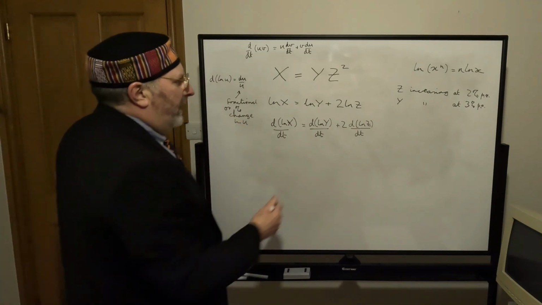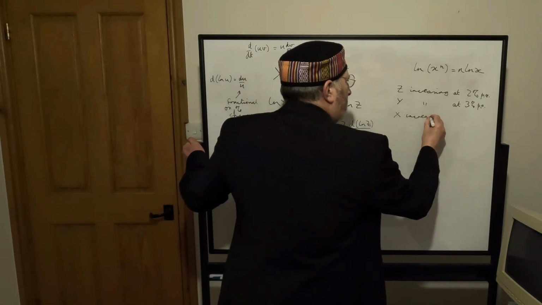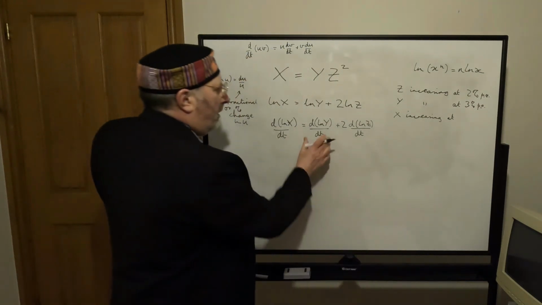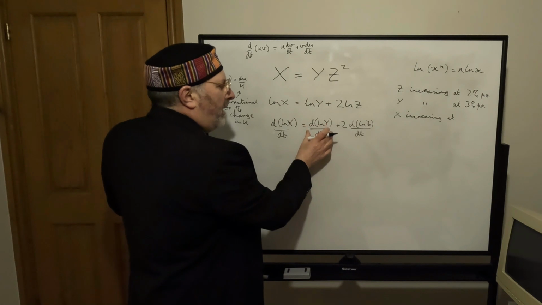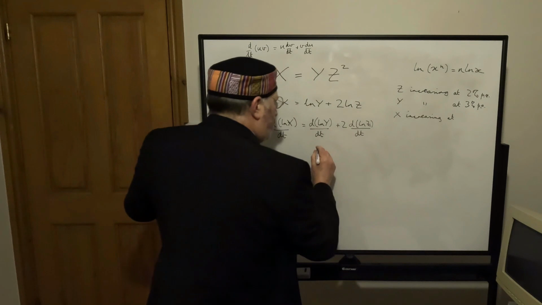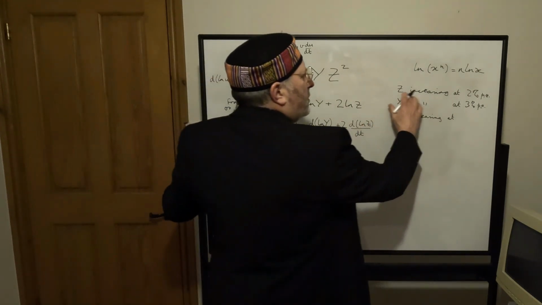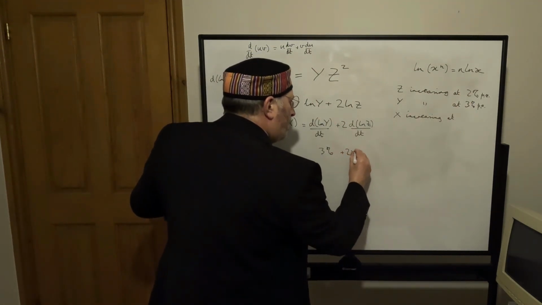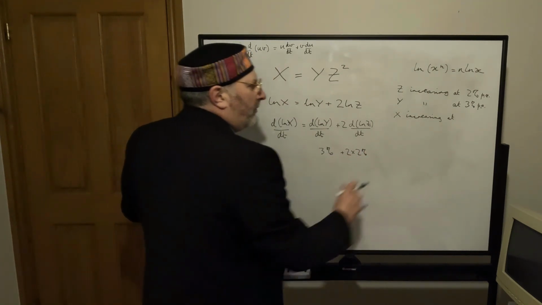And then we know from this equation that x is increasing at d of log y by dt, the percentage rate of change in y, so that's 3% per annum, and z is 2%, but it's plus 2 times 2% per annum, and so 3 plus 2 times 2 is 7.